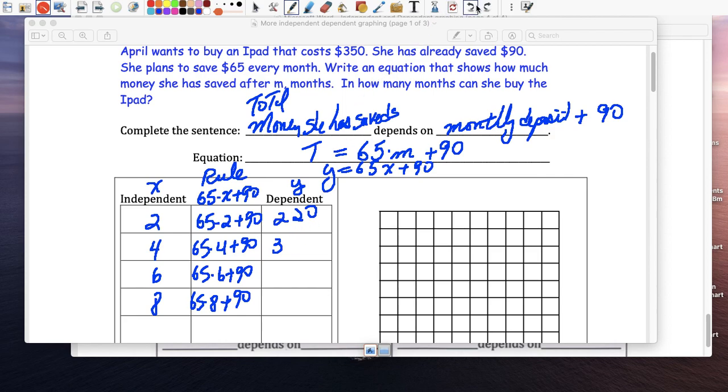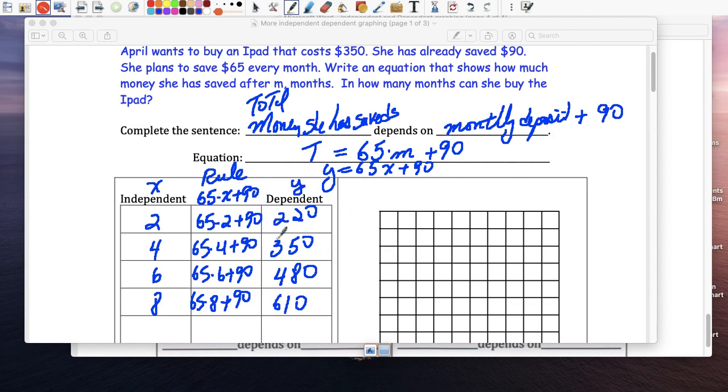Sorry, 260 plus 90 would be $350. And then after 6 months, plus 90, which would be 480. And then 65 times 8 is 520, and then we add 90 to it, it'd be 610.